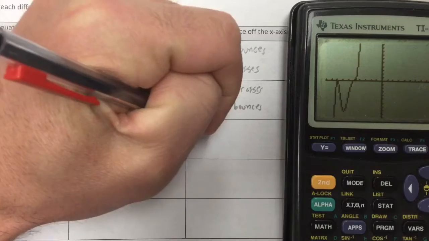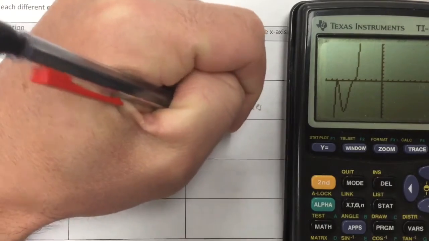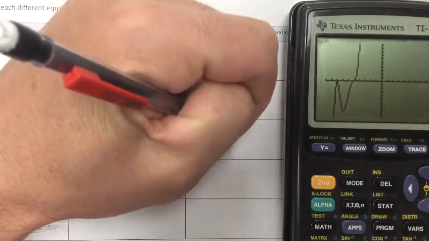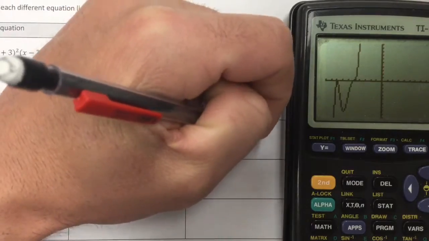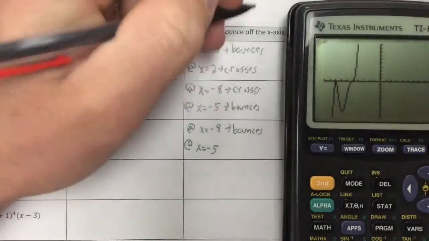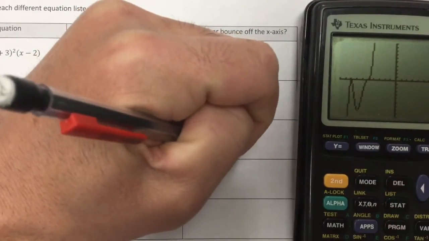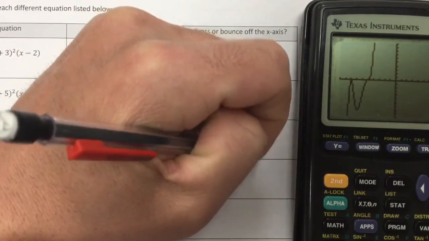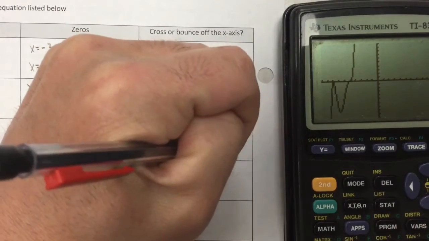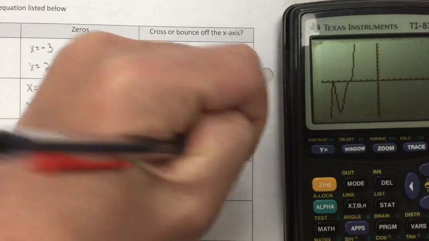So at x equals -8, it is bouncing. And at x equals -5 is where it's crossing. But it's doing the cubic shuffle.